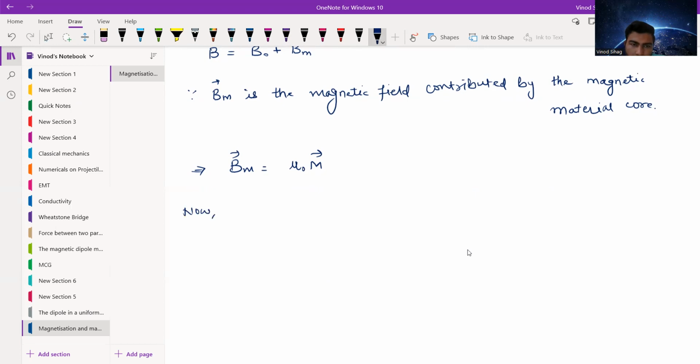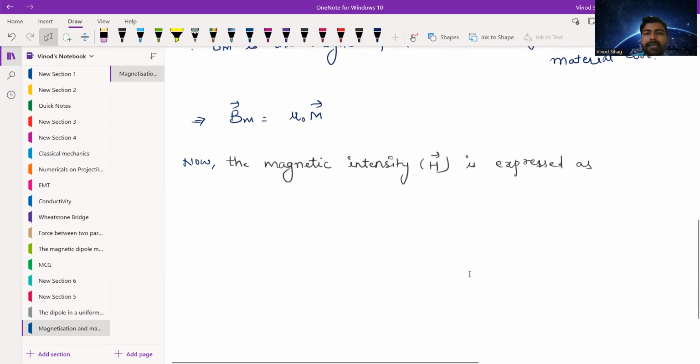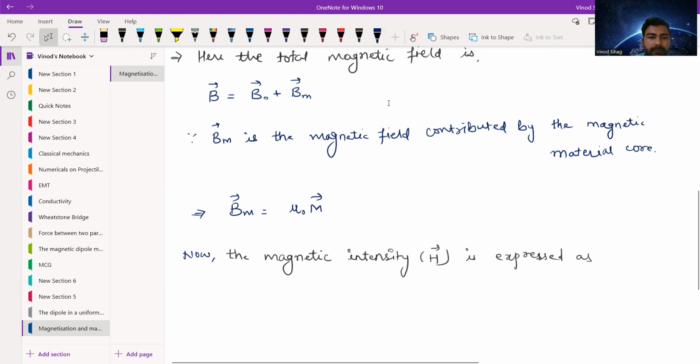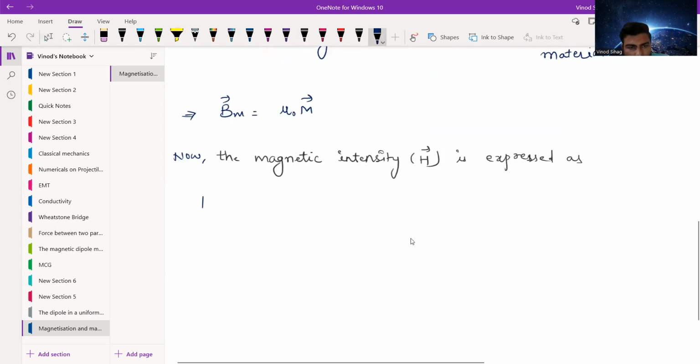Now the magnetic intensity H vector is expressed as, there is a new quantity, magnetic intensity, that can be expressed as H vector equals B vector upon mu naught minus M vector.